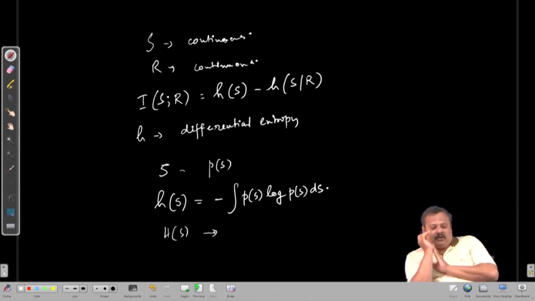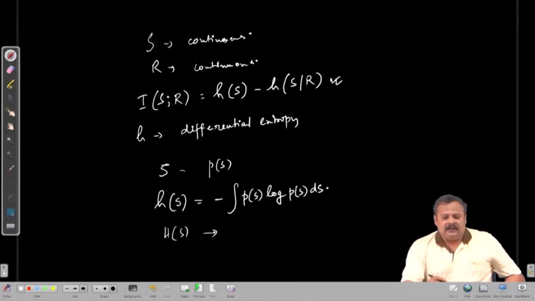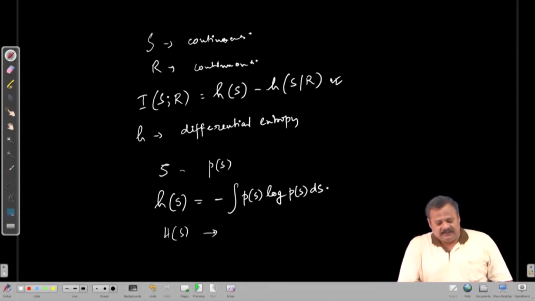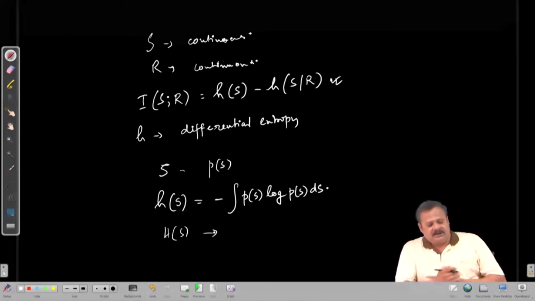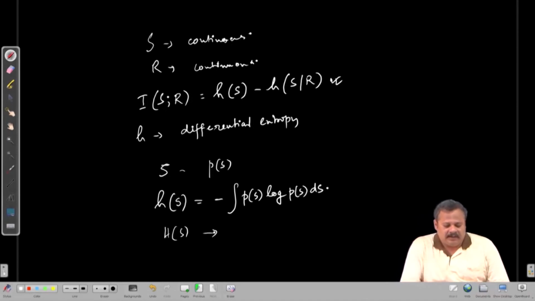However, when we look at the mutual information I of S, R, the meaning is intact, because the reduction in uncertainty remains meaningful: in the limit, the discrete bin sizes of the two cases cancel each other out, and we still remain with the meaning of mutual information, which is the reduction in the uncertainty by knowing one random variable of the other random variable.